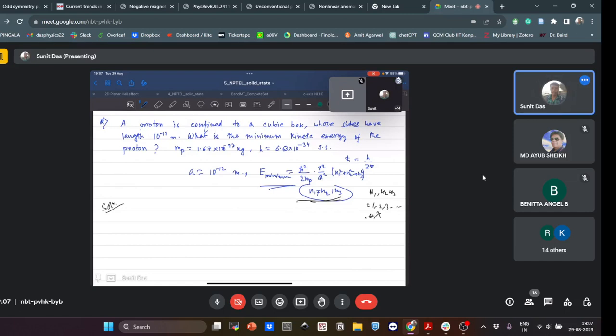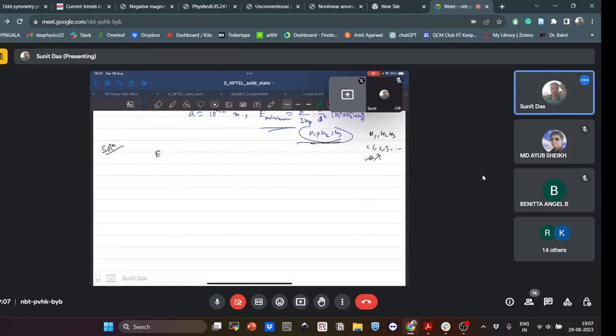Okay, let me solve the problem. E minimum will be h bar square by 2m times pi square by a square times (1 square plus 1 square plus 1 square), right?